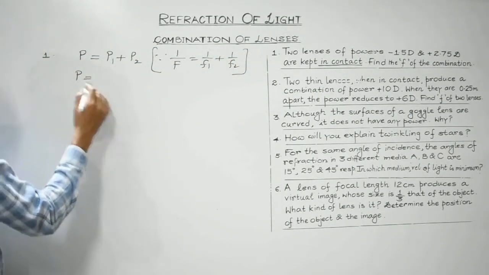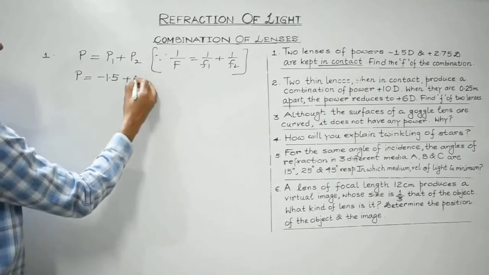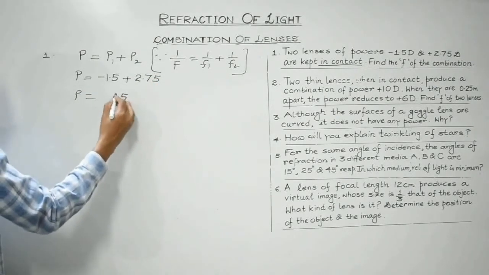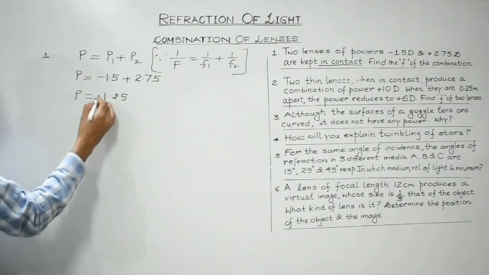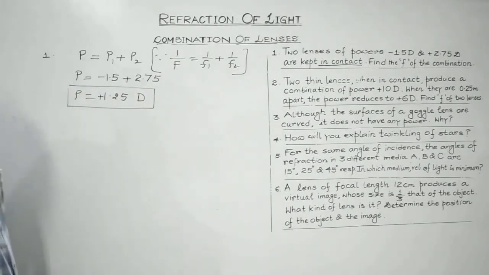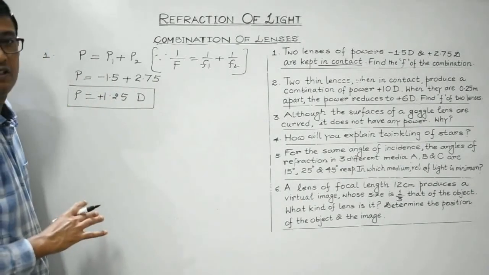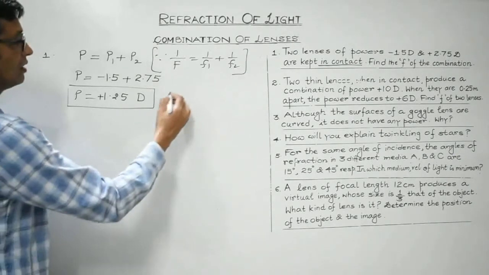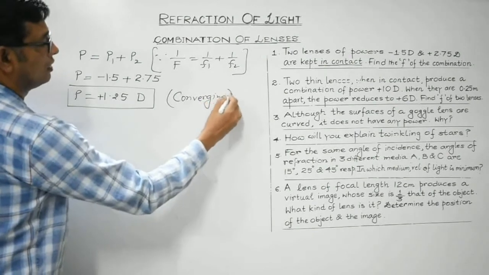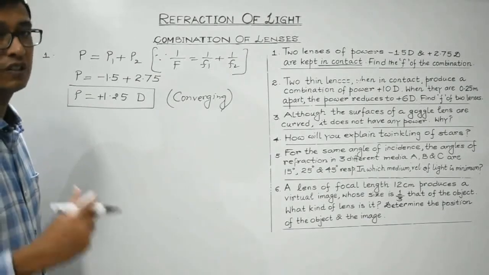So net power would be minus 1.5 plus 2.75, so it will be equal to 1.25 with positive sign, and this is in diopter. So the resultant power of the combination will be plus 1.25 diopter. So the equivalent lens will behave as a converging lens, because the power of the equivalent lens is coming out to be positive.